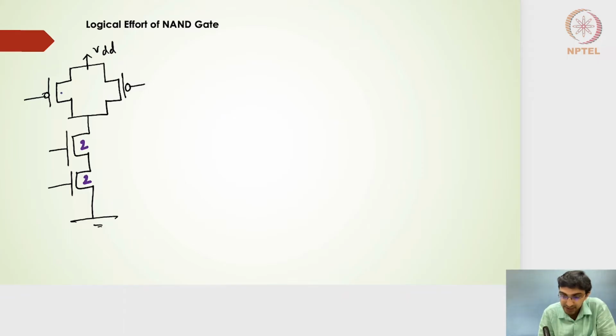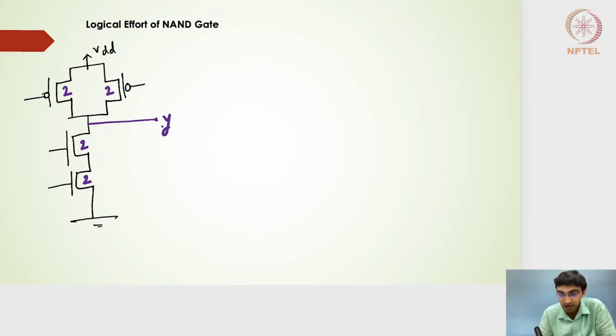On the pull up side, on the PMOS side, I will have the sizes as 2 and 2 so that in a worst case condition, one of the transistors will be on, and then the rising resistance will be equal to R, which is equal to that of the inverter's rising resistance. Right, so this is my circuit, and of course this will be my output node.